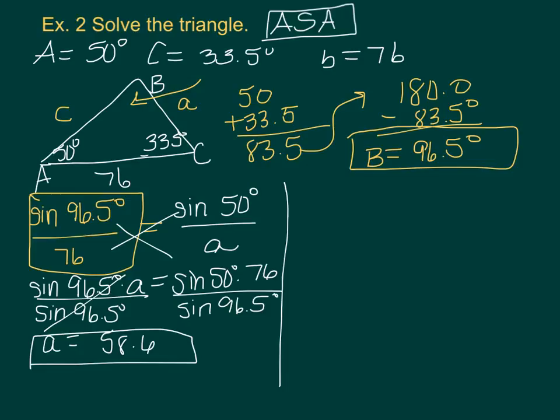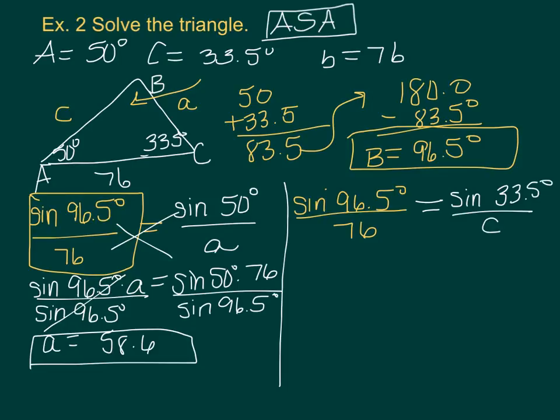Then you do the same thing to help you find little c. So I'm going to use B's information again because you're less likely to make a mistake. Sine 33.5 degrees over little c.